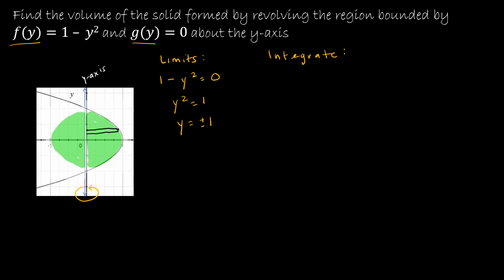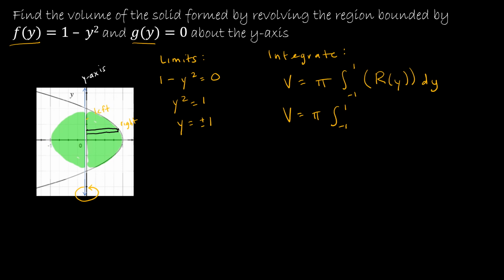So when I integrate, I'm going to take pi from -1 to +1, and this is going to be the radius of y dy, and the radius of y dy is going to be, again, not the top minus the bottom, but the right minus the left.